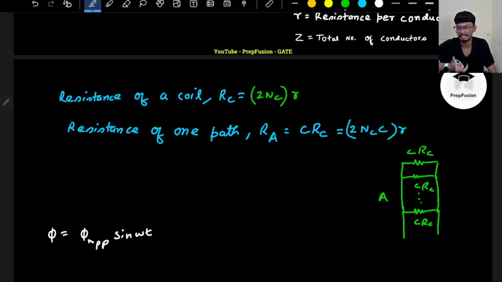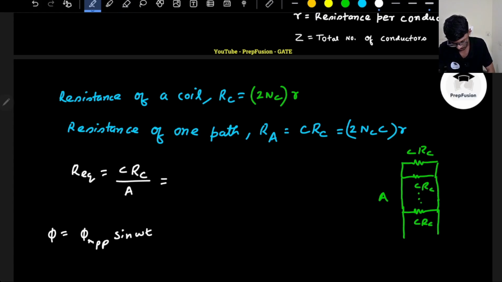So I will just divide by A. If two resistances of equal value R are connected in parallel, the equivalent resistance is R by 2. Same thing, if CRC is connected in parallel A times, the R equivalent will come out to be CRC divided by A.